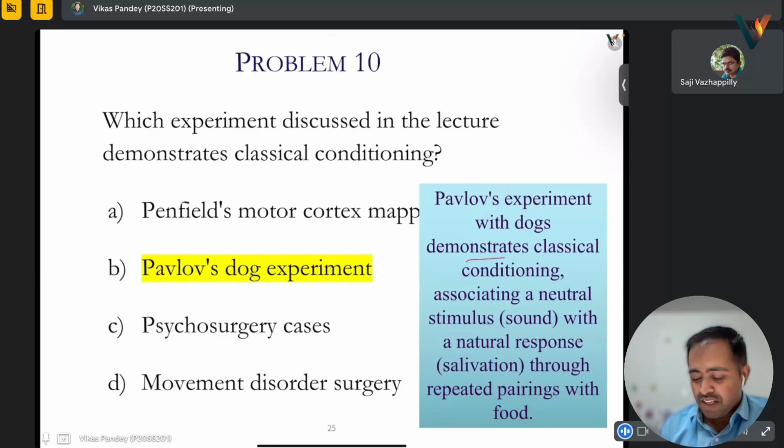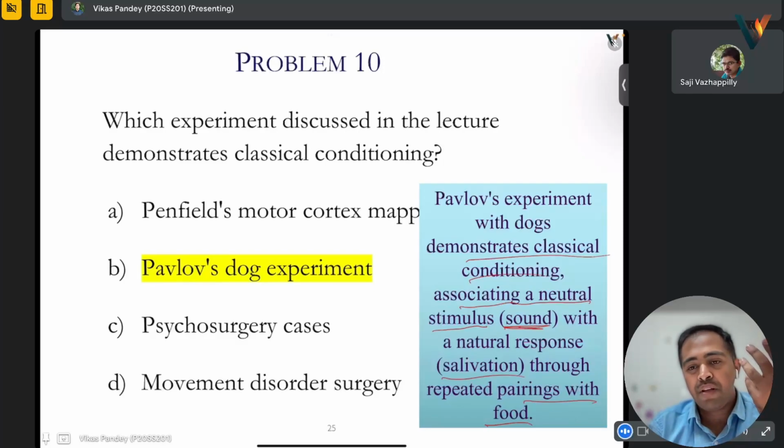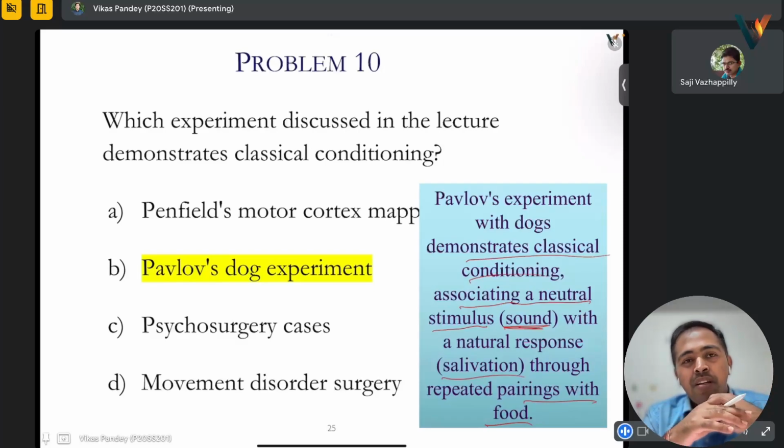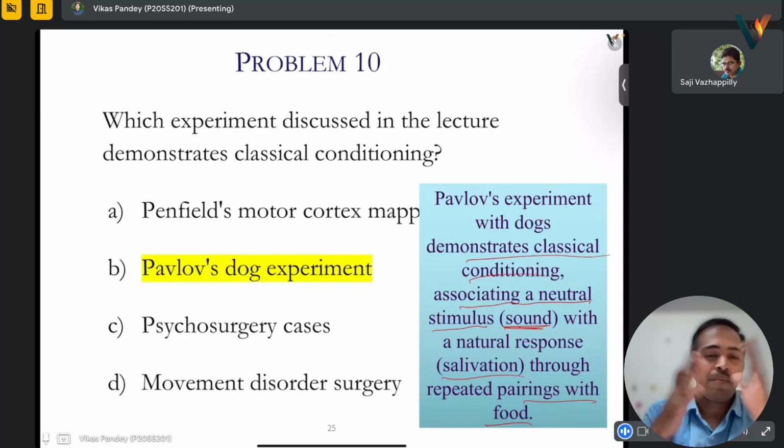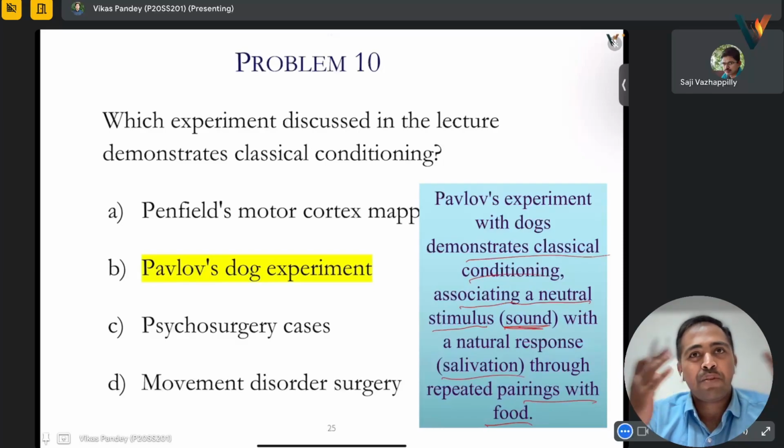So, classical conditioning demonstrates associating a neutral stimulus, that is sound, with a natural response, that is salivation, through repetitive pairing with food. This might happen with everyone. Whenever I recall a memory, like when I first went to my school hostel, the smell of that hostel, which was a newly formed hostel, I can remember.